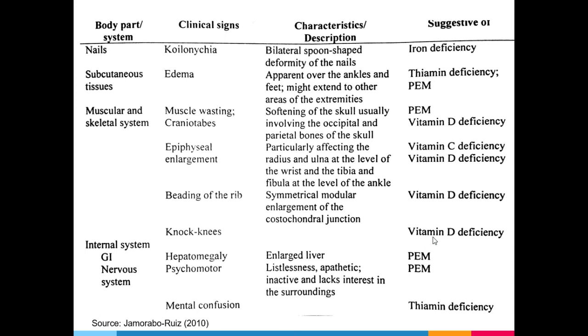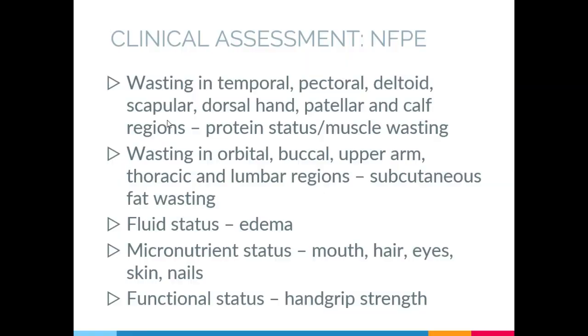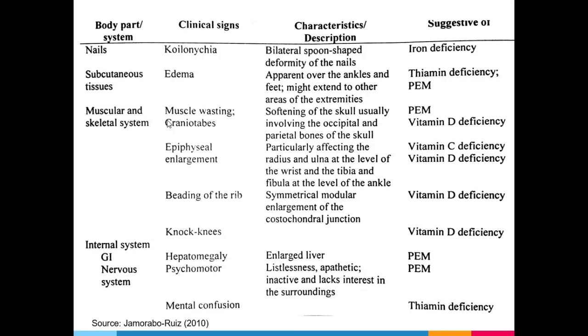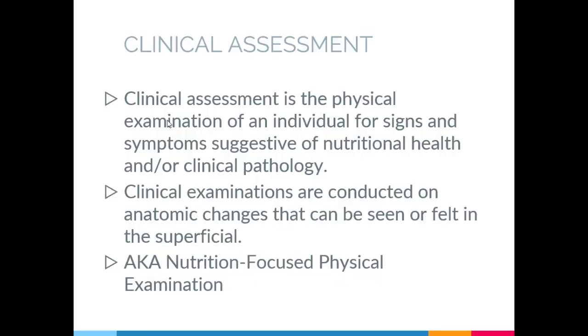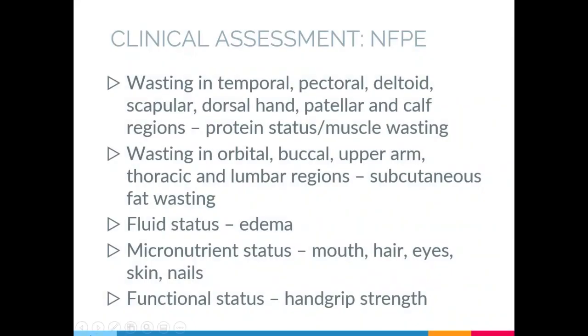Of course, it could take like 2 to 3 pages para naatay complete nga guide for the NFPE. Okay. So, I'll give you a reference on that later on. But in the hospital, usually ang determine nato through NFPE is the level of muscle wasting and subcutaneous fat wasting, especially for those patients who are experiencing weight loss.